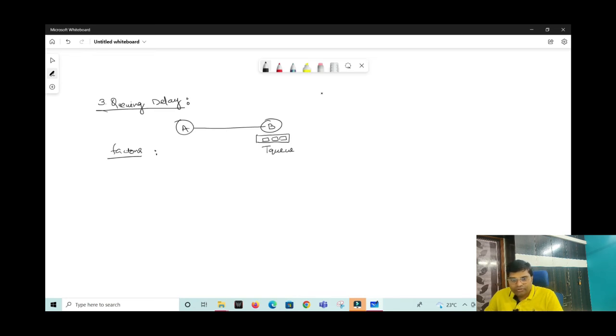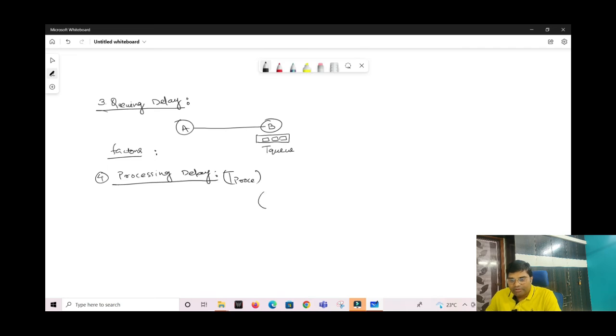Okay, so the fourth type of delay is the processing delay. The time taken to process the data packet by the processor is called the processing delay.